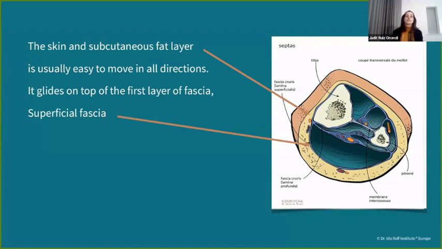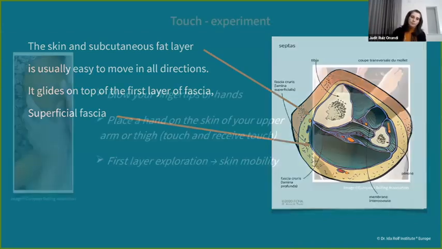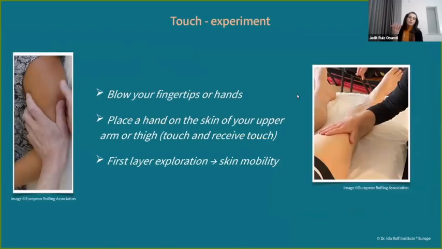And then you can see this blue line surrounding all the structures underneath. That is superficial fascia. So we are going to try and mobilize the skin and subcutaneous fat and also the superficial fascia.